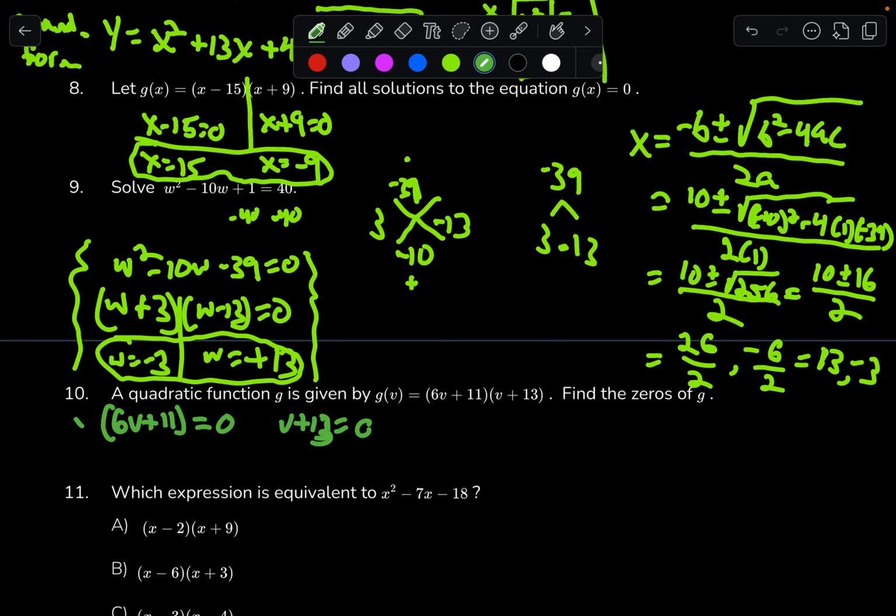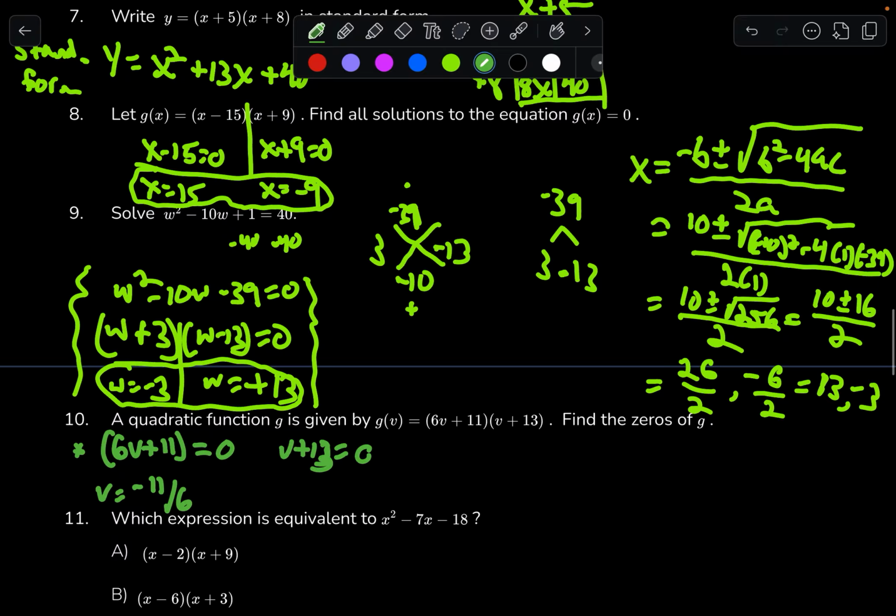So we got to solve both. This one is probably the little bit uglier one. Subtract 11, divided by 6. V equals negative 11 divided by 6. This one was just subtract 13. And here you go.